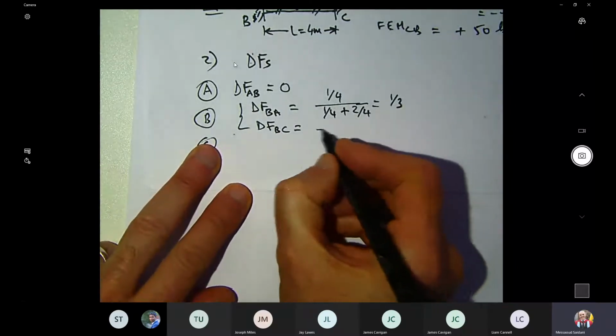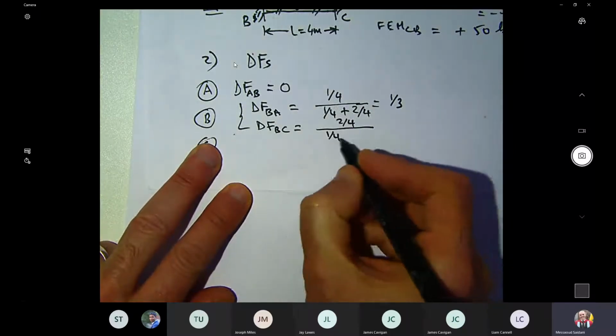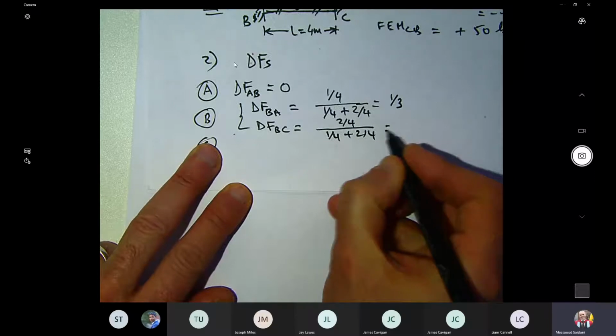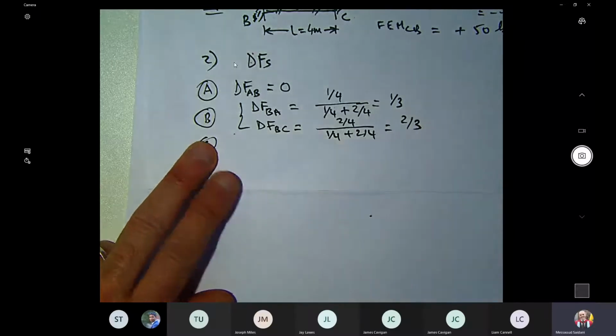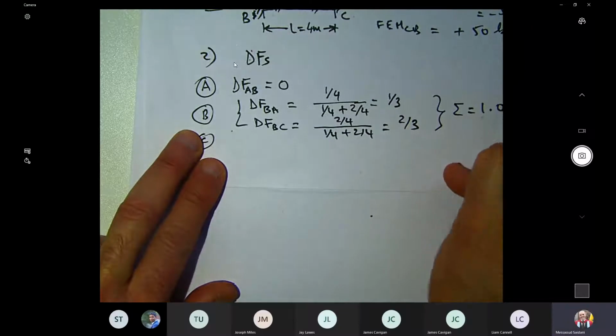And for BC, we have stiffness of BC 2 over 4 over stiffness of BA plus stiffness of BC. And this time is 2/3. Okay? And you can see that the sum is 1.